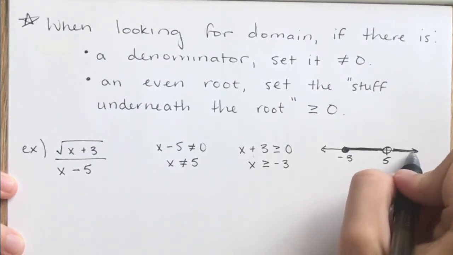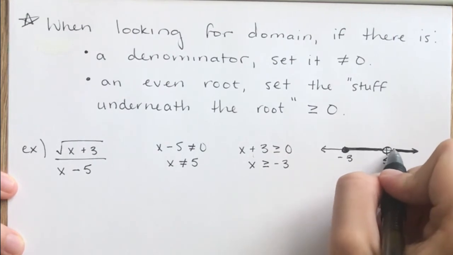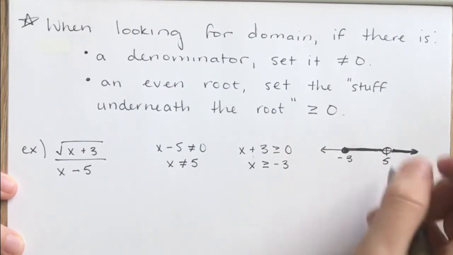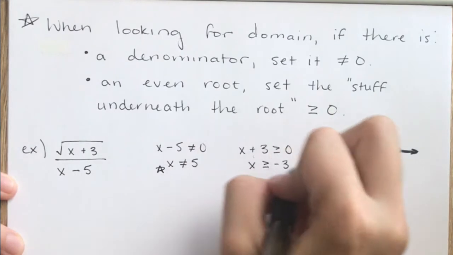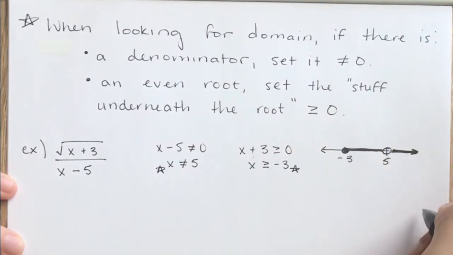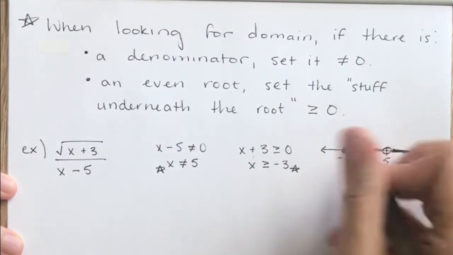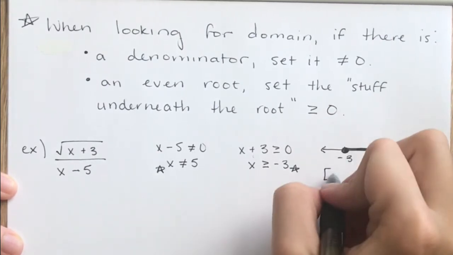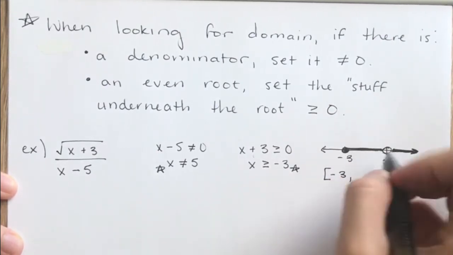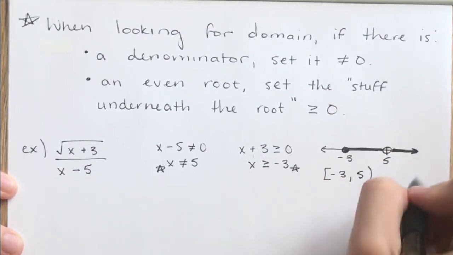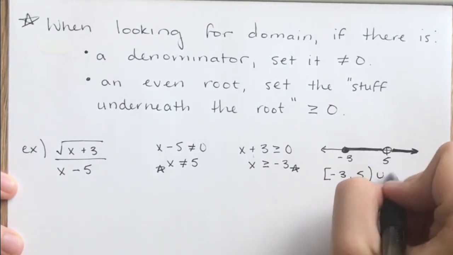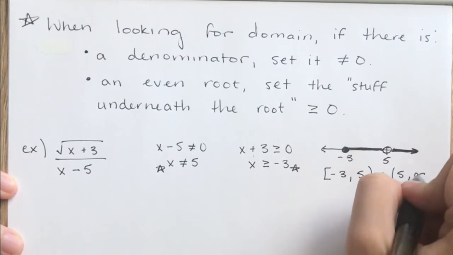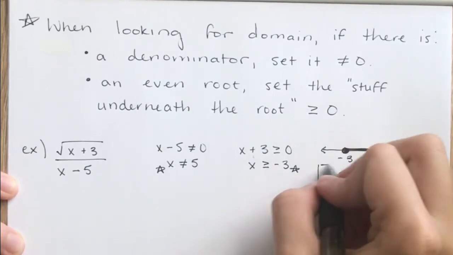And then every x value that's shaded in here is all of the x values that satisfy this condition and this condition, right? So we write this in interval notation. We've got a bracket, -3, all the way to 5. We don't want to include 5. And then we've got 5 to infinity. This is our domain.